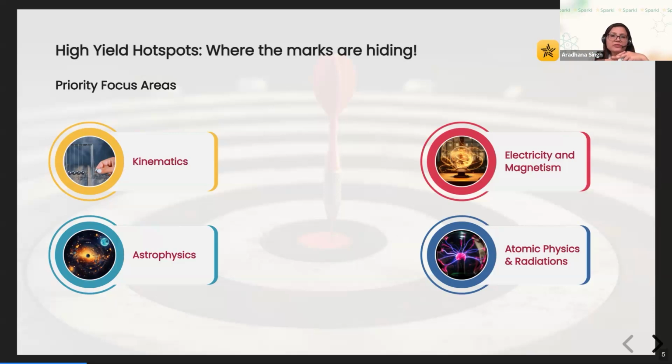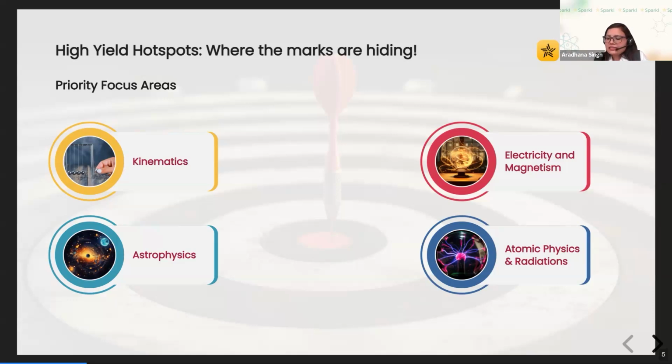If you are comfortable analyzing these two types of graph, distance time and velocity time, you will easily be able to handle criteria A type questions as well as criteria C type questions, where data is given to you and you have to get an insight from the graph. What is the trend which is being shown in the graph? Are you getting my point?